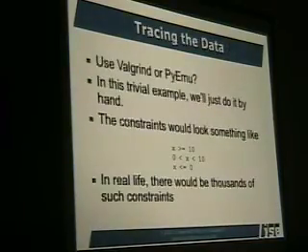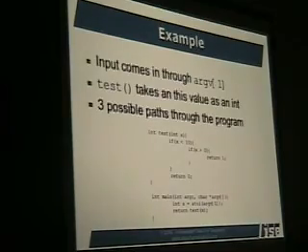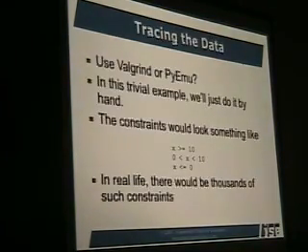Here's a little program that has 3 paths through it. Here are the constraints. A normal program would have like 1,000 constraints. You can imagine the preset one was like height 3 equals 47, height 4 equals C, and so on. So there would have been like 6 constraints for the preset bug. And then you can use a program that would solve these constraints.